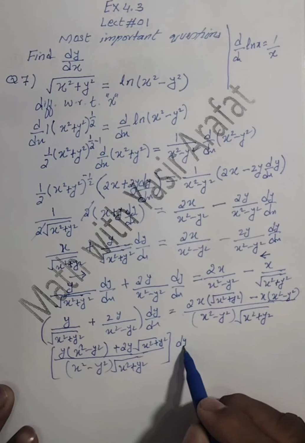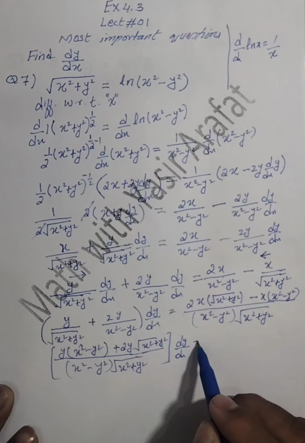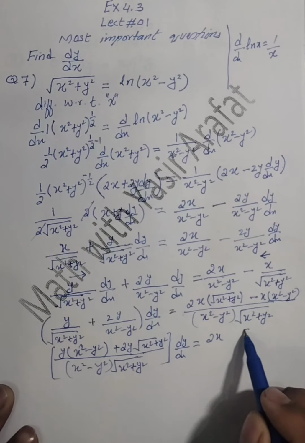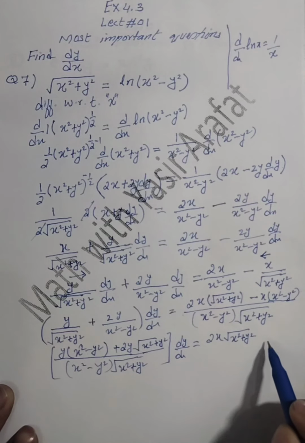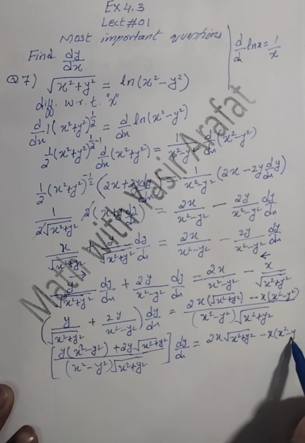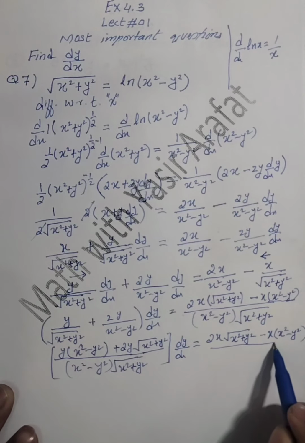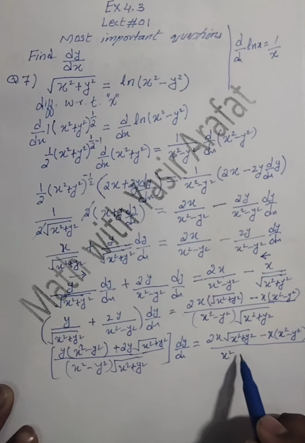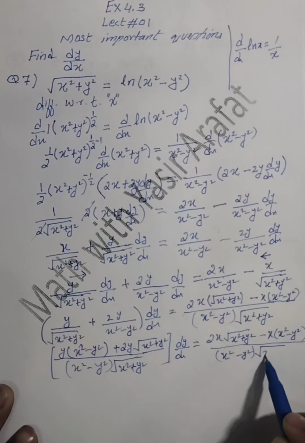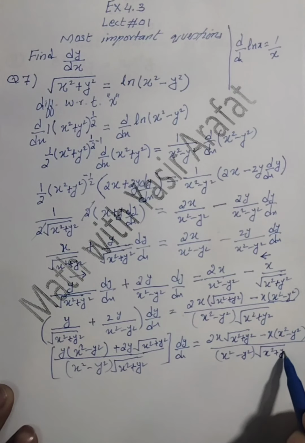Just take out the simple LCM between two fractions on the left hand side here, and this remains same, x square plus y square minus x square minus y square and whole divided by x square minus y square and radical x square plus y square.